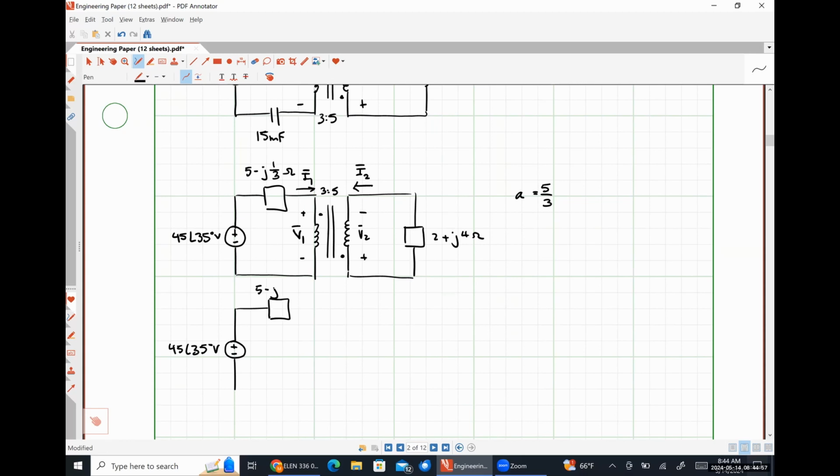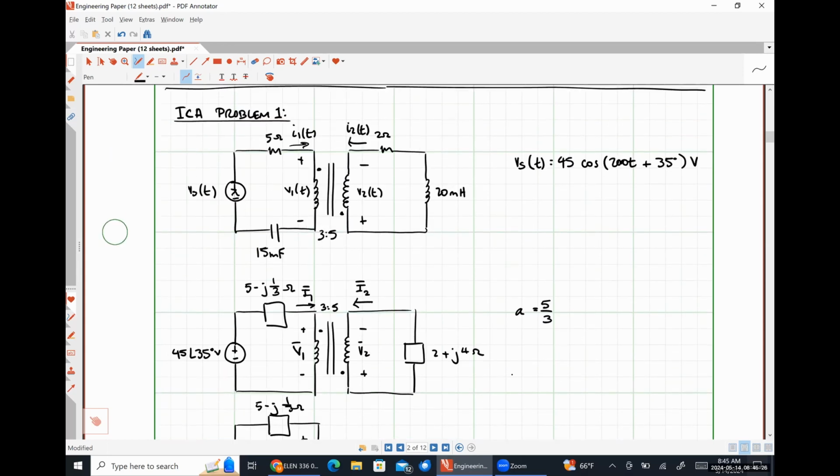Here is our 5 minus j 1/3 of an ohm impedance from our primary loop impedance. Here is our reflected impedance. And that's the voltage V1 that we were trying to find. When we reflect it over to the other side, that impedance is effectively just taking the role of everything to the right of this dashed line.